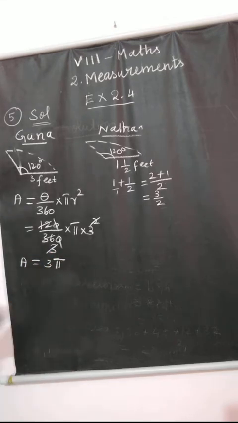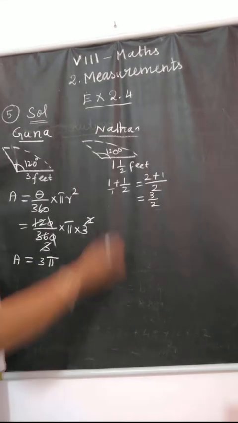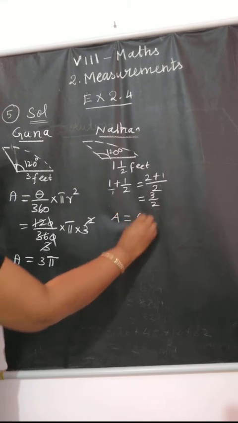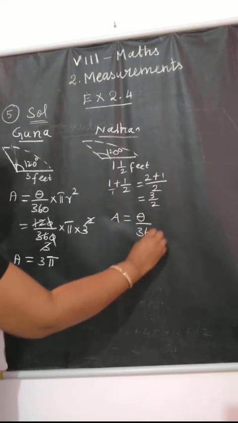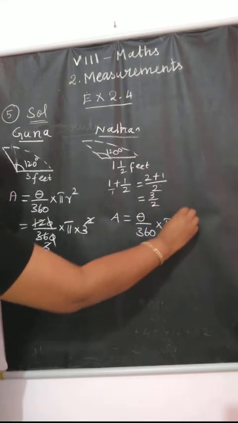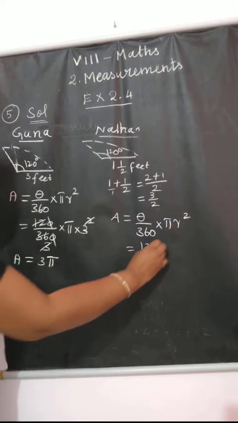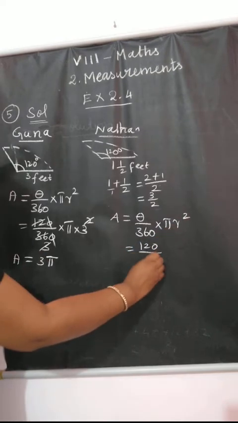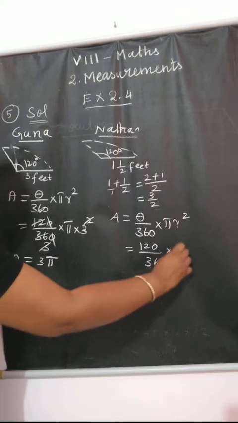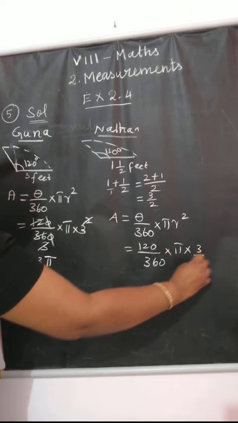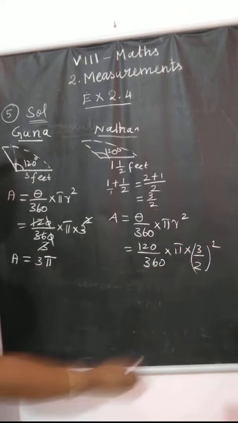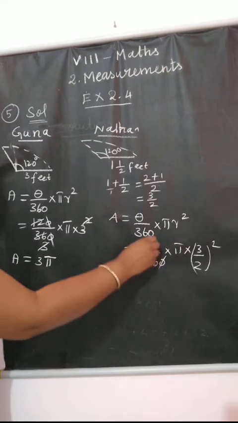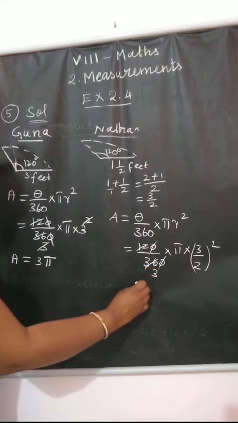Okay, next I am going to identify Northern's area. So A is equal to theta by 360 into pi r squared. Theta 120 by 360 into pi into r, that is 3/2 the whole squared. The zeros cancel, 12 ones are 12, 12 threes are 36.